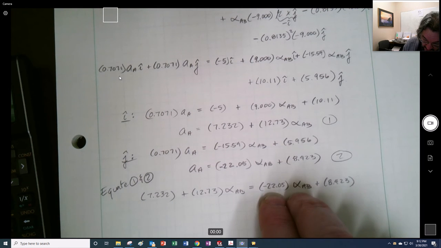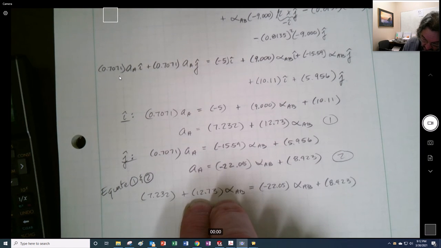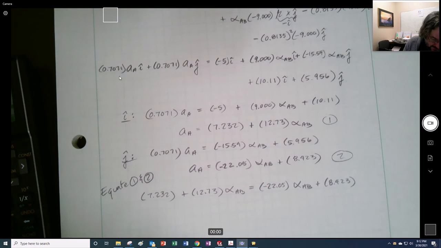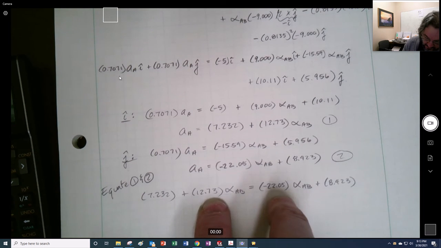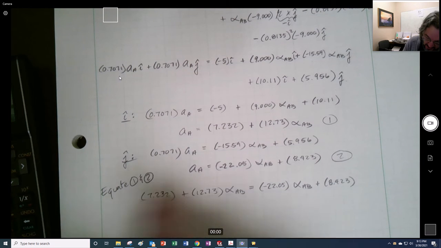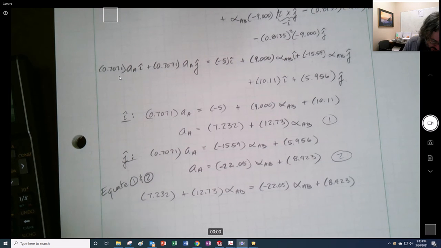But if I bring this one over to here, they're going to add together, 12.73, we're going to add them. And then this one over here is going to subtract, so I'm going to take my 8.423 and subtract out 7.232.